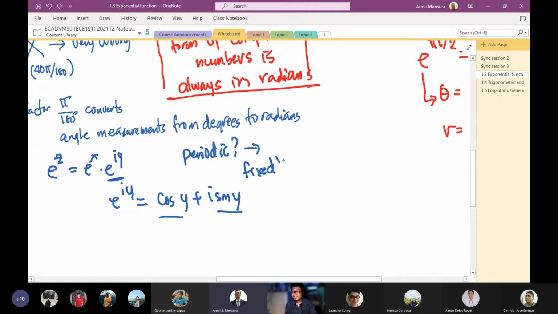May iba pa ba kayong idea? Anyone? May iba pa kayong idea tungkol sa pag sinabi niyo ang isang bagay or ang isang quantity, for example, is periodic?